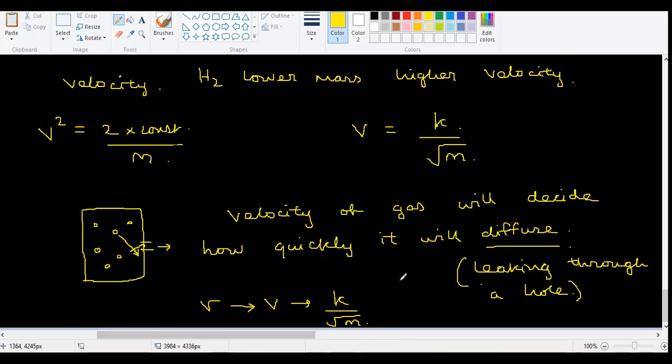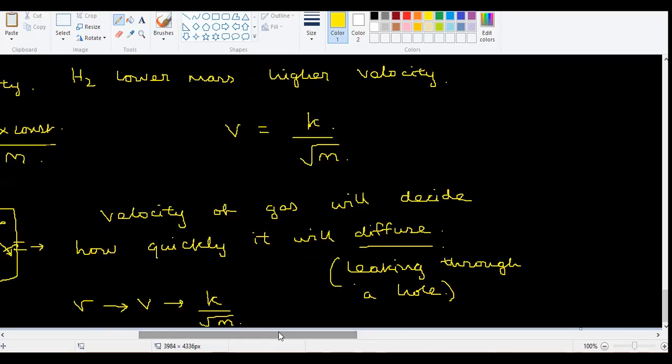So take it down. R is proportional to 1 by root m.